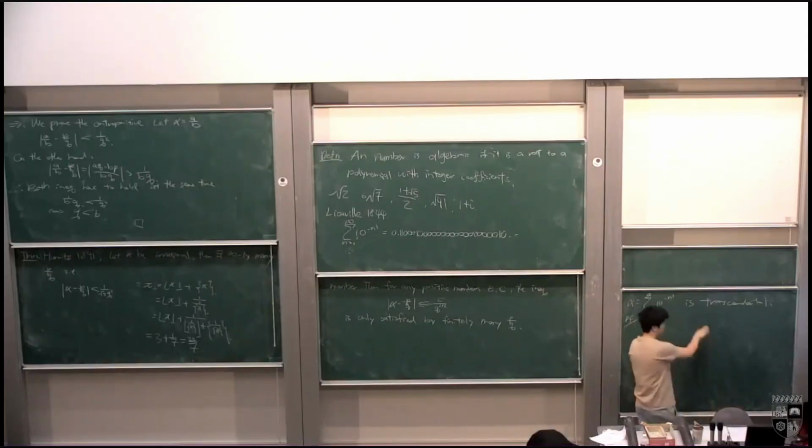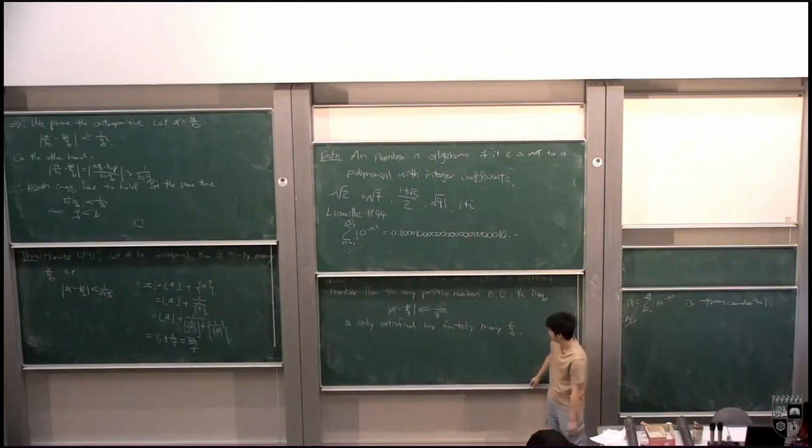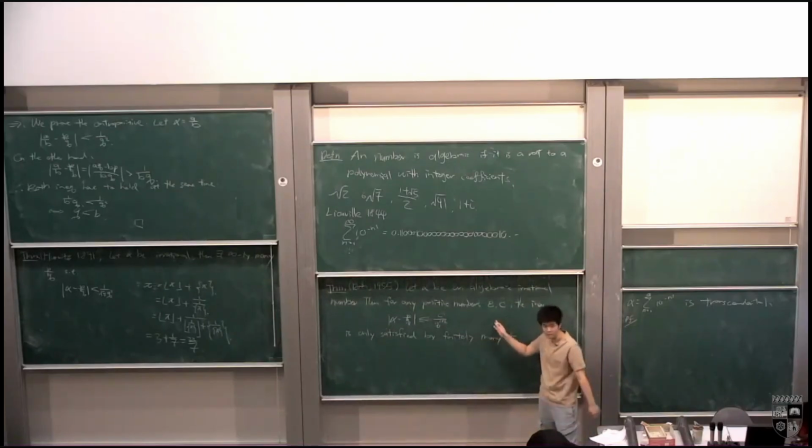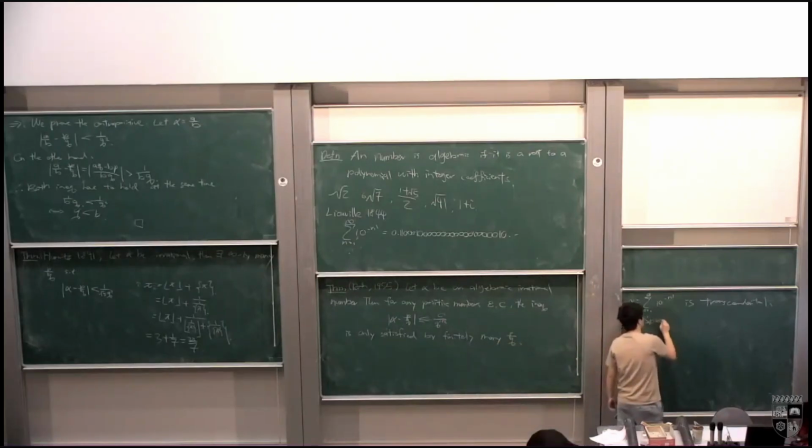Suppose not, then this is algebraic. And if it's algebraic, Roth's theorem says there are only finitely many fractions that satisfy this. So we start that way. Suppose not, meaning it's algebraic. Roth's theorem says whatever Roth's theorem says.